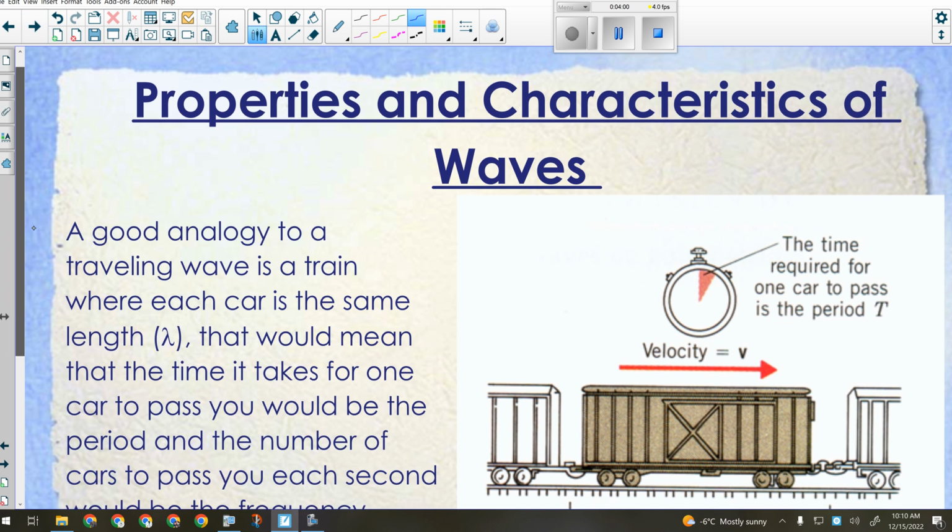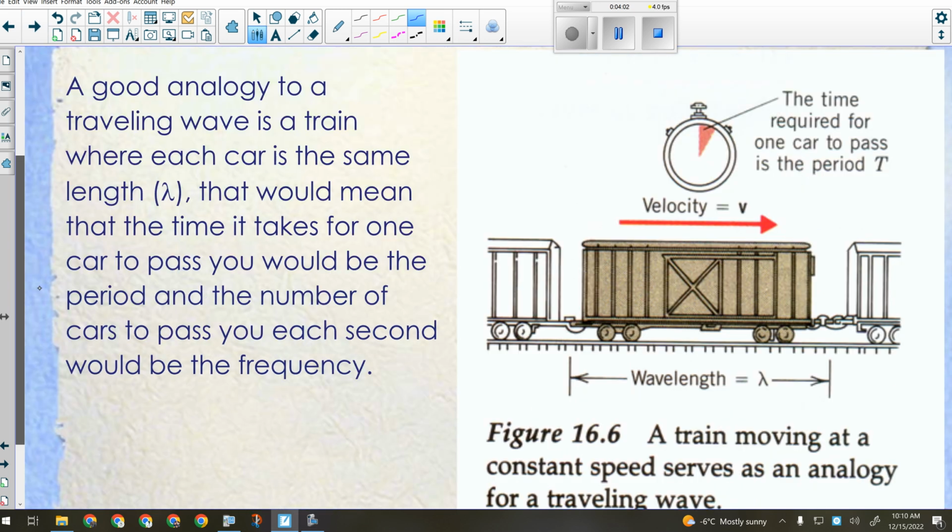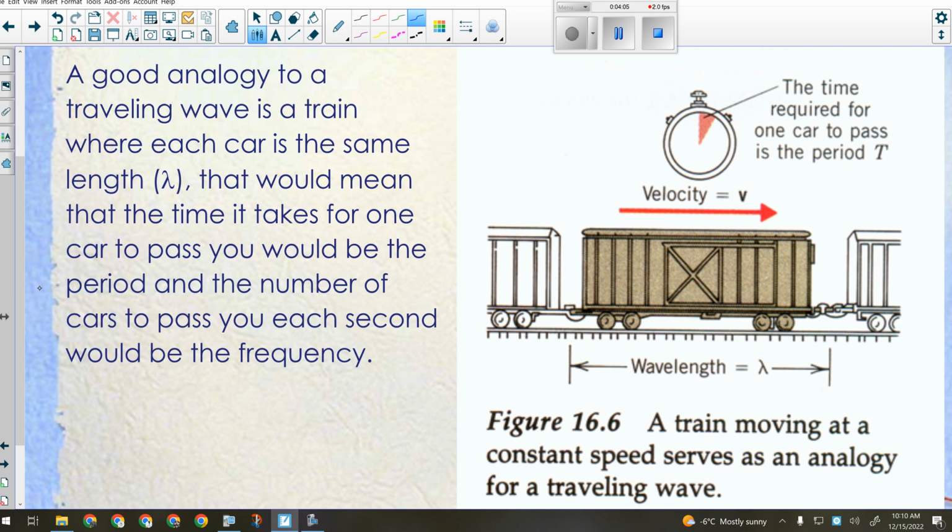Now, if I have a wave going by, there's a property of waves that we don't really associate with simple harmonic motion very much. I mean, with a mass on a spring, yeah, we can look at its velocity. But when we're talking about a wave, yesterday we had the slinky on the floor, and we saw that the speed of the waves is controlled by what?